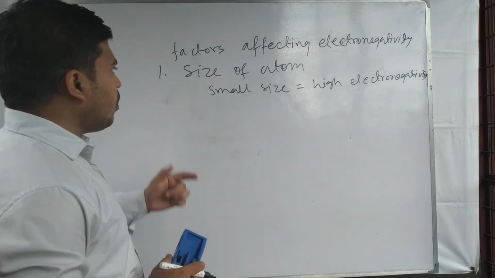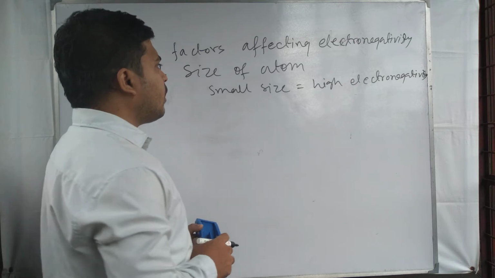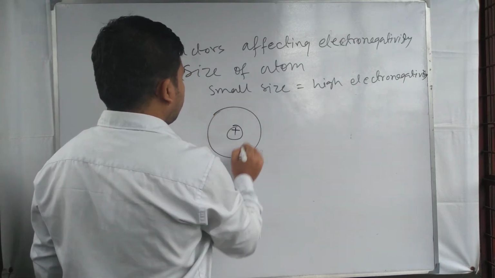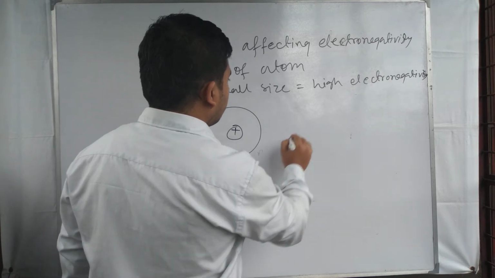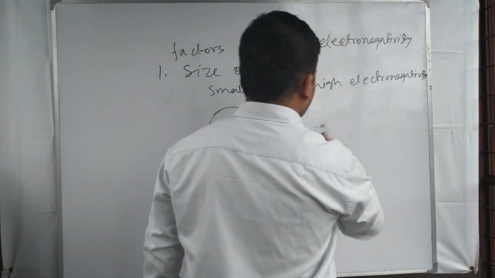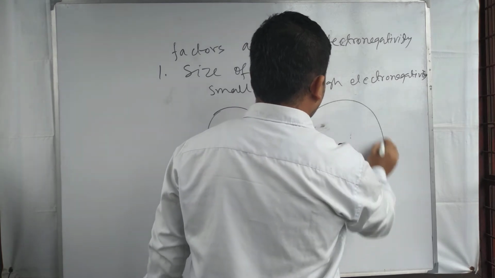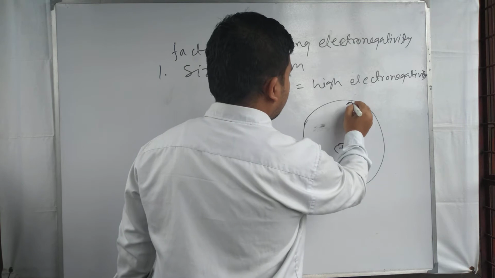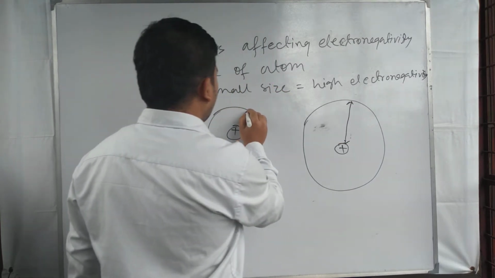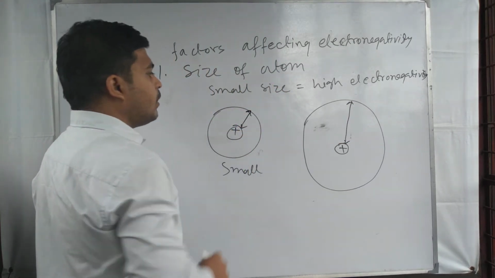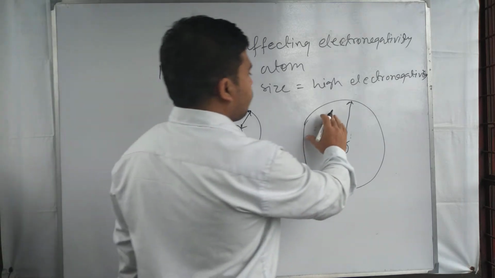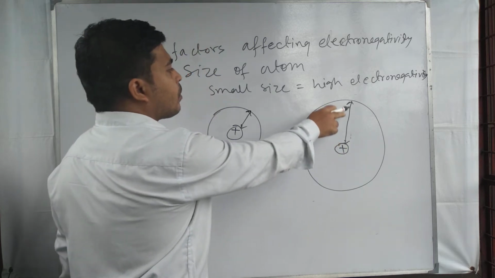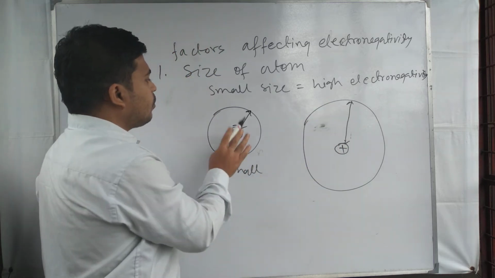Why, when an atom is small in size, does it have high electronegativity? See here, this is a small size atom, and this one is a large size atom. What are the differences? Look at the distance between the outermost shell and the nucleus. In the large size atom, the distance between the nucleus and the outermost shell is larger compared to the small size atom.